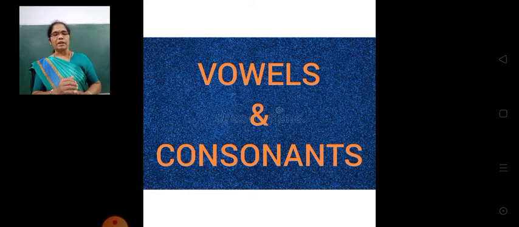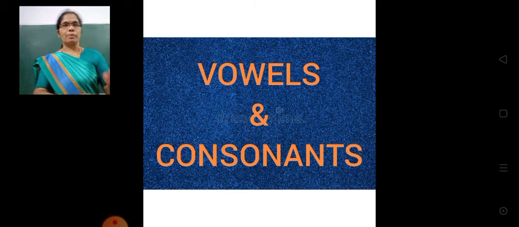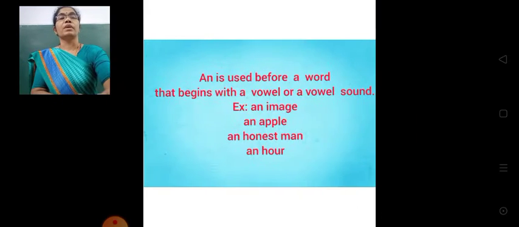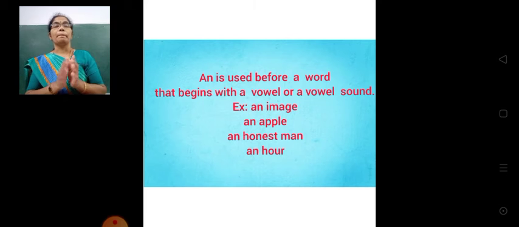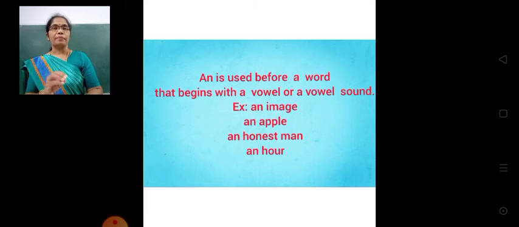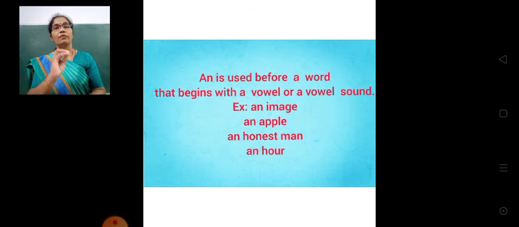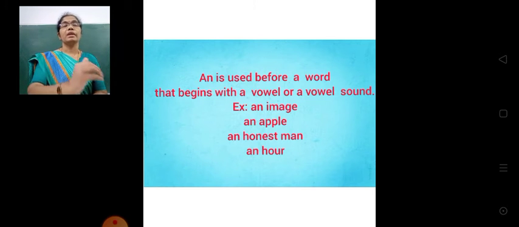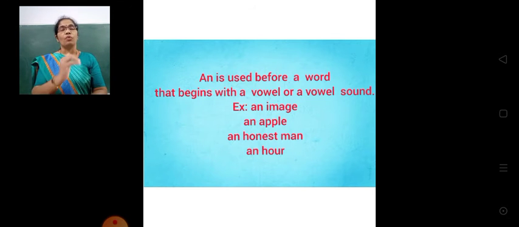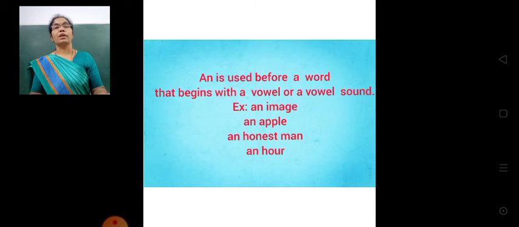Let us see now some examples. Again, the use of an. An is used before a word that begins with a vowel or a vowel sound. See examples. An image.